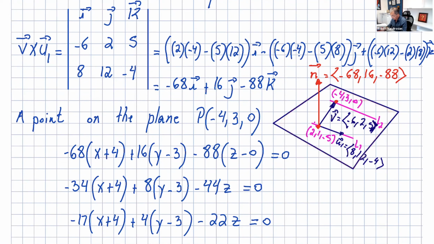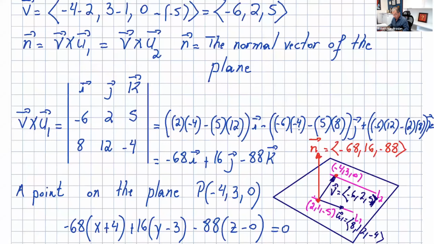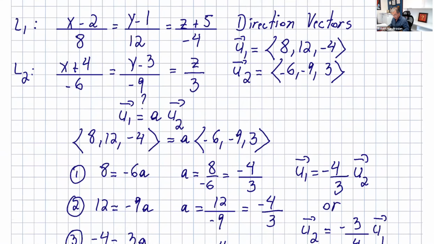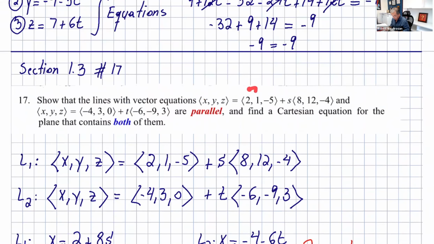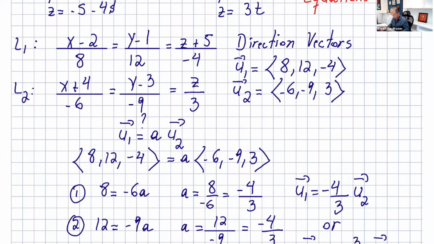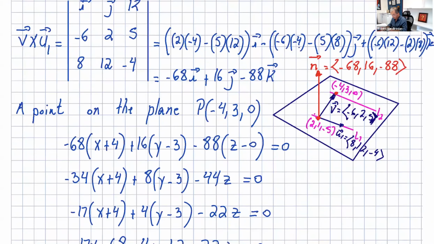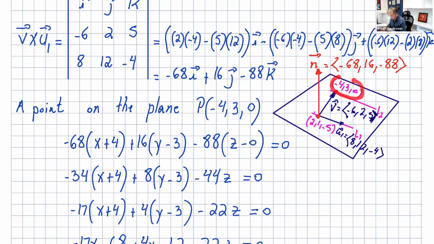So what we need is the normal vector to that plane. We have L1 and L2. This is the coordinates of a point on L1, and this is the coordinates of a point on L2. So how can we proceed? We have a point on L1 and a point on L2.